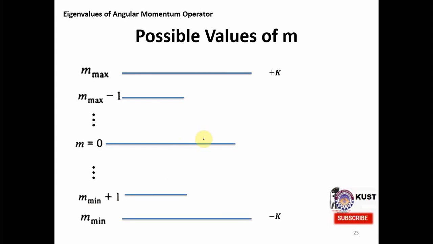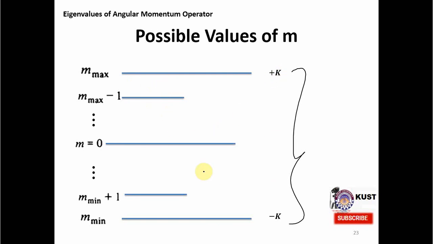So you see that the whole thing is in unit steps, going from m maximum to m maximum minus 1, m equal to 0, m minimum plus 1 and m minimum. We are going downstairs in unit steps, from plus k to minus k.